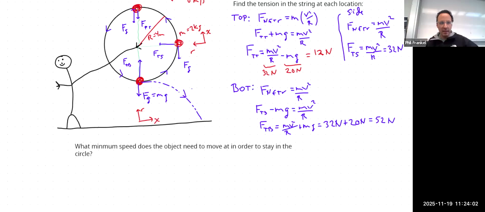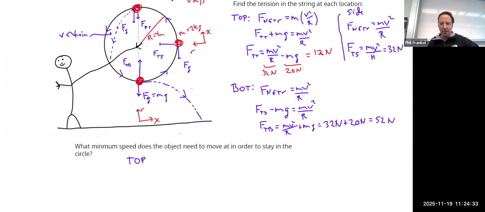If v is less than the minimum, and it's a laggy tablet. If v is less than the minimum speed needed to complete a circle, the object will not complete a circle and it will fall out. So let's try to find that minimum speed. We're thinking about the top of the circle here, because that's where the risk of falling is if you're moving too slowly.